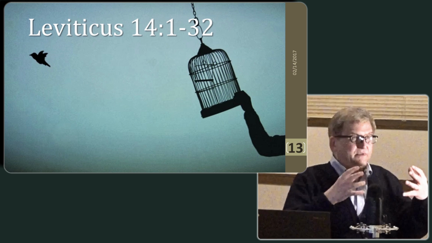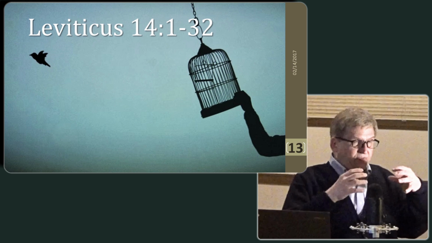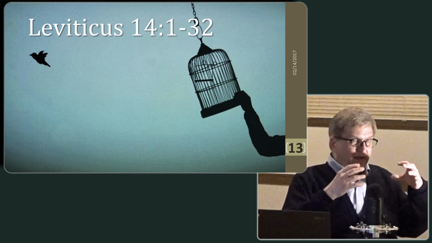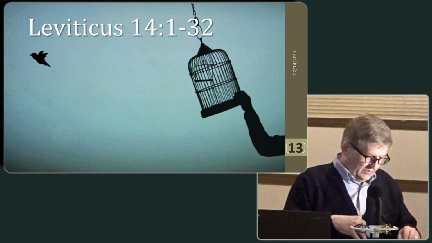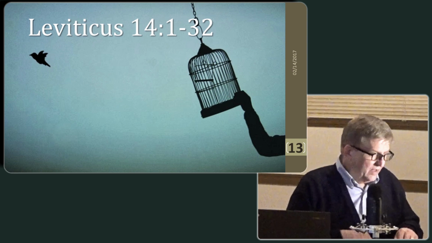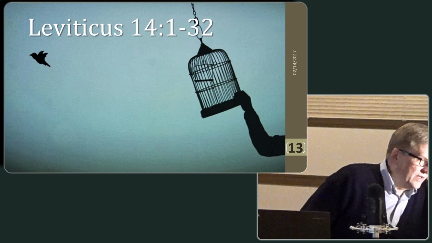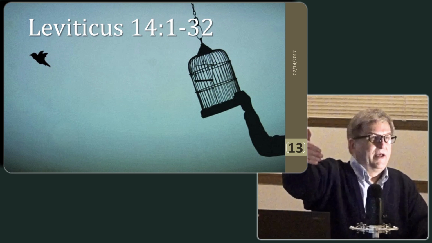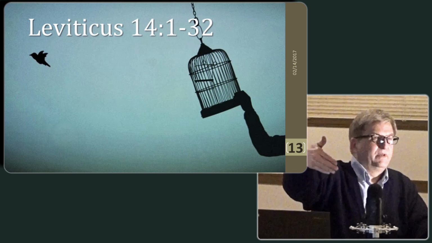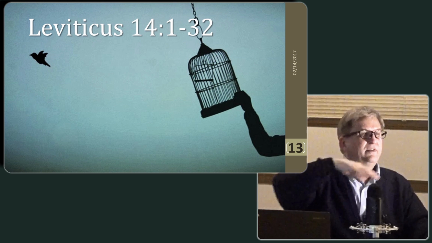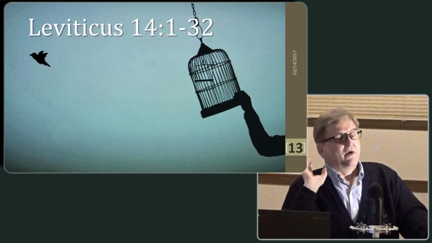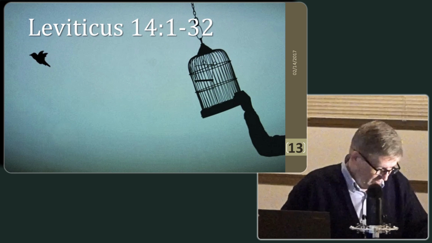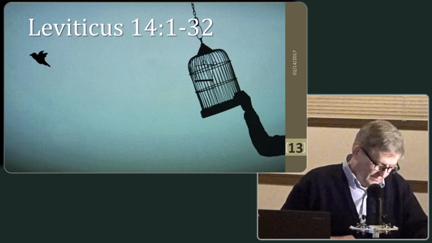The first thing that happens, of course, is that they're thought to be clean, but they can't just say so. They have to bring the person to the priest. Right? But in verse 3, you can tell this can't happen by bringing the person to the priest at the tabernacle or anywhere near the holy place, because the person is still unclean and can't enter into the camp or into the city. And so the priest has to go outside of the camp in order to check on the person.